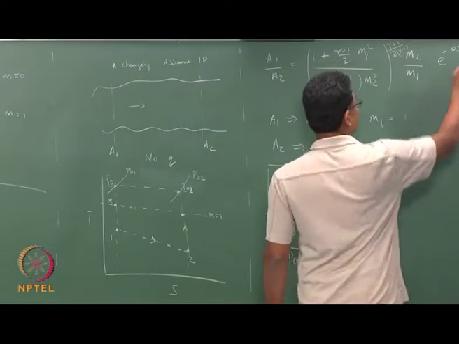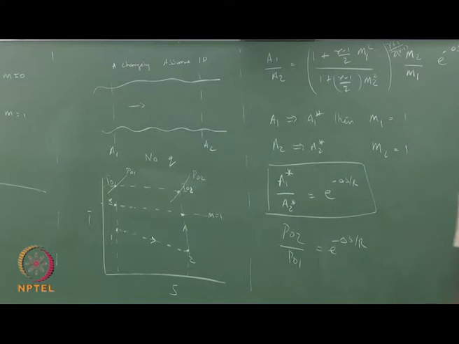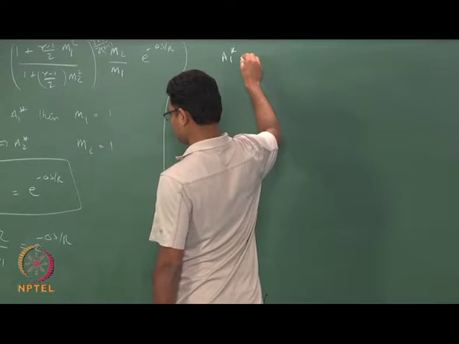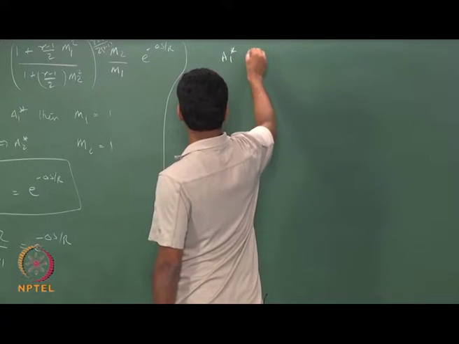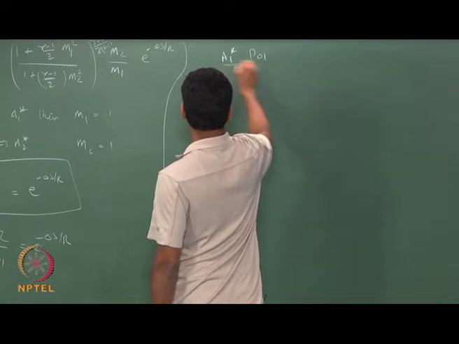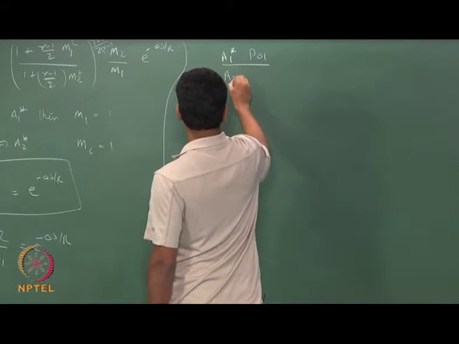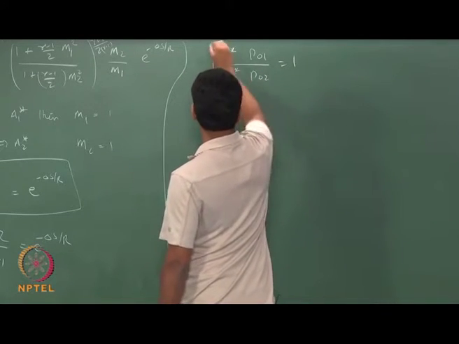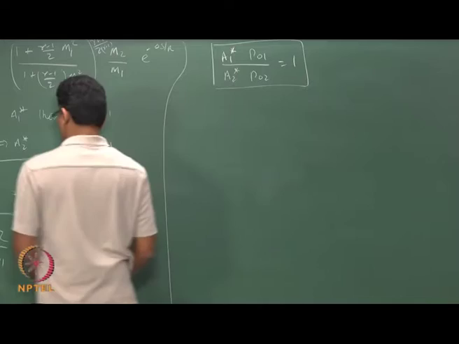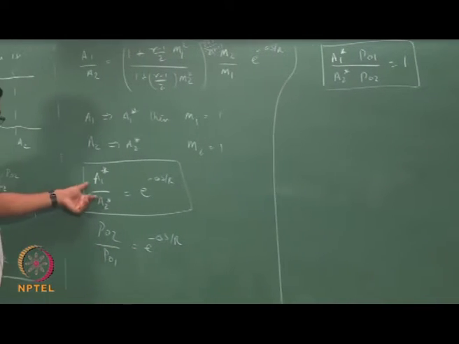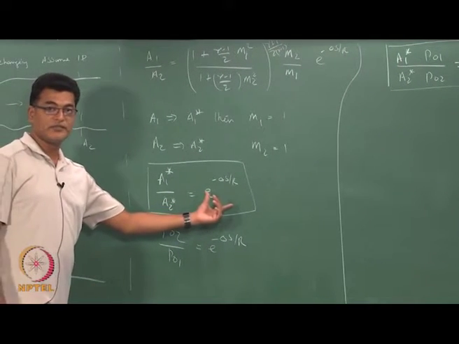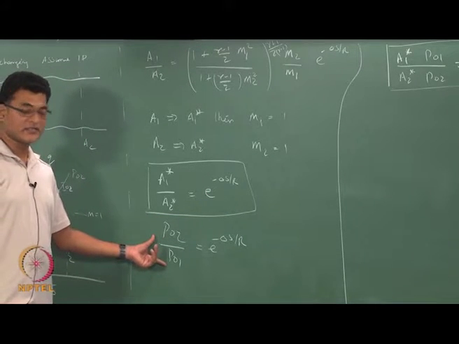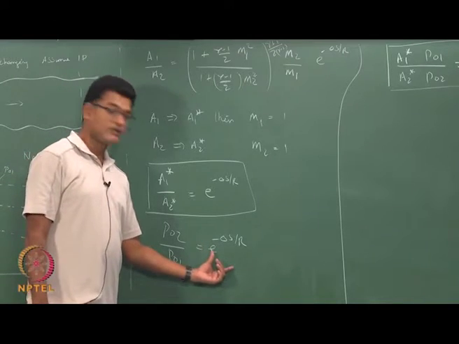Which tells me A1 star into P01 by A2 star into P02 is 1. So, my change in A star is essentially due to irreversibility, and the change in stagnation pressure is also due to irreversibility.